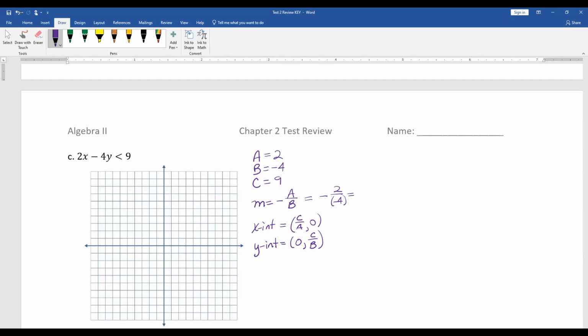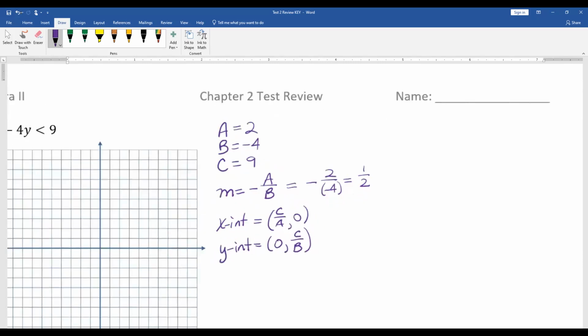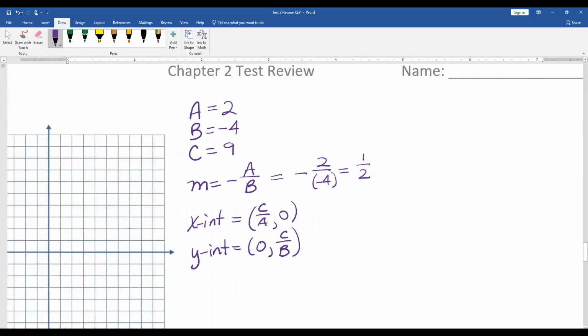And so what does that simplify to? 1/2. Good job. Sorry, can y'all see that? Because it's a negative over a negative, we're looking at a positive, and then we simplify 2/4 to 1/2.